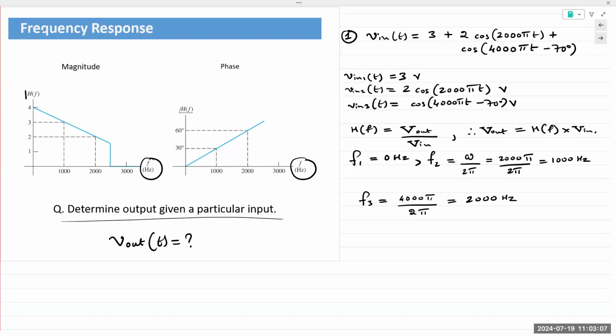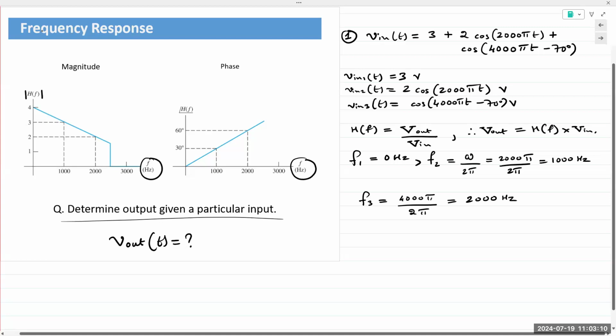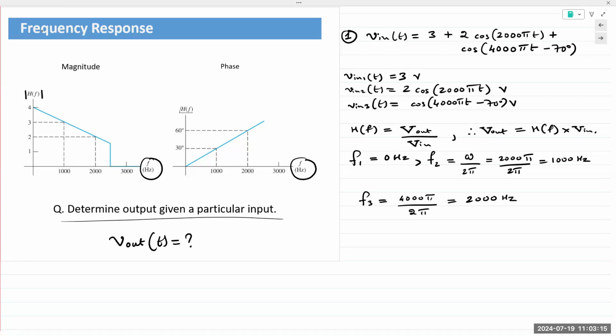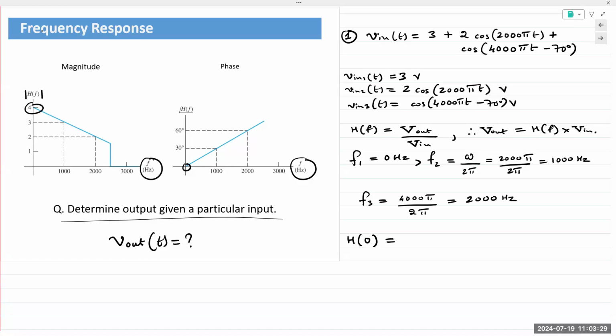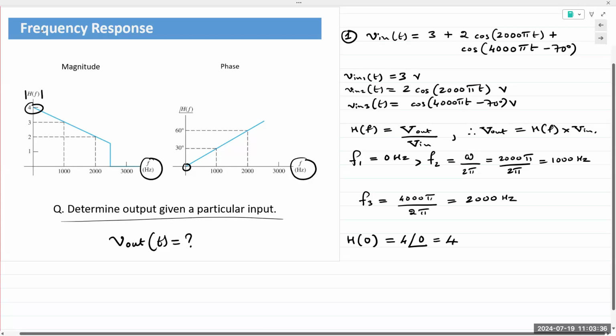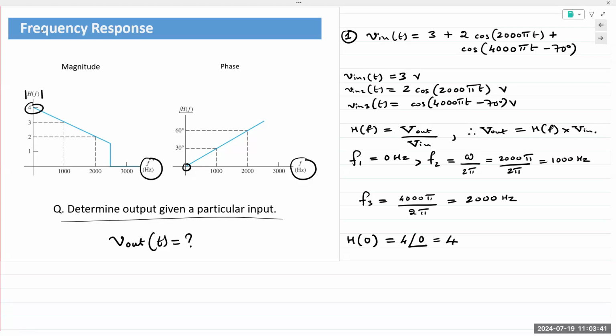This should have a magnitude symbol right there. So magnitude of H of F and angle of H of F. So let's find out what the value of H of 0 is. What is it at 0 hertz? Magnitude is 4. Phase angle is 0. So 4 with an angle of 0, or simply 4. Make sense?